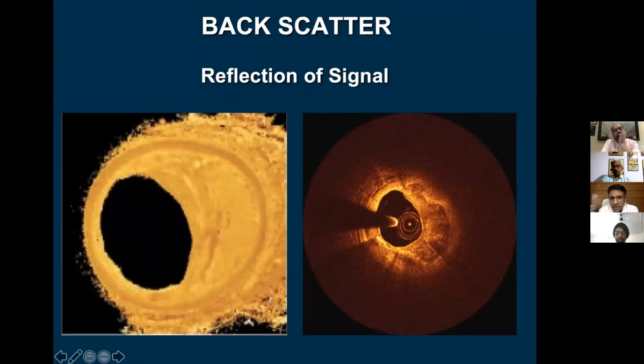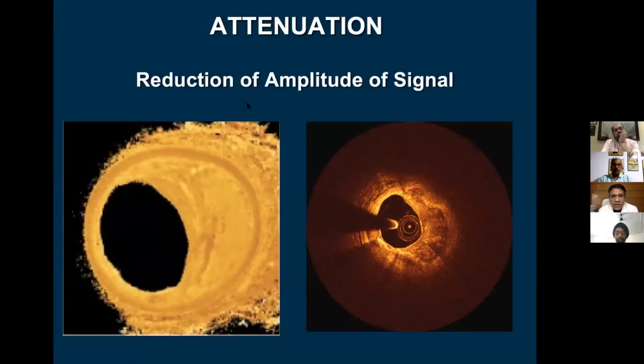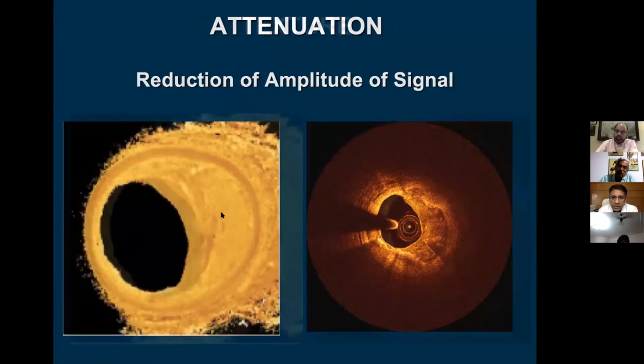Then come to attenuation. Attenuation means reduction of amplitude of the signal as it goes. Here is the OCT catheter, and as the light waves emit, how much signal is lost because of absorption. Here you can see there is very little signal loss. It's signal rich, so very low attenuation.